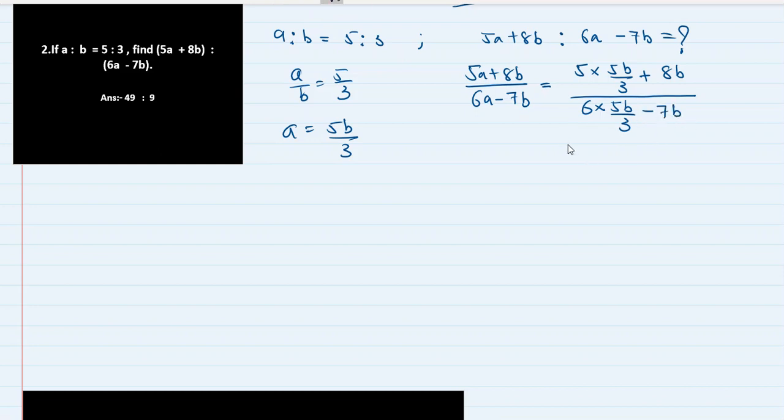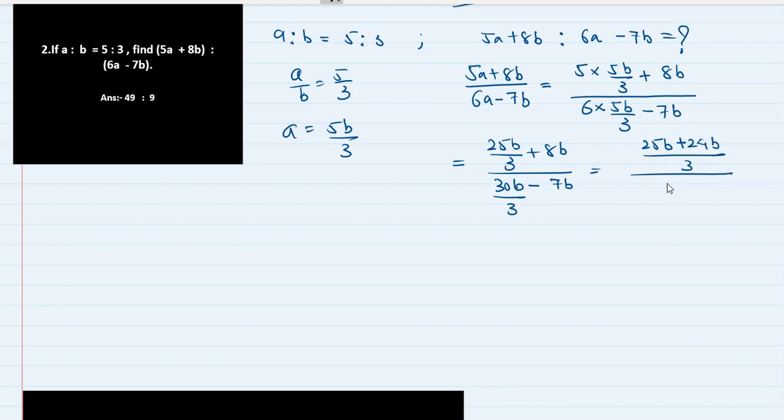Minus 7B. Okay, so this will become 25B by 3 plus 8B, the whole upon 30B by 3 minus 7B. Let's take LCM. So 25B plus 24B, the whole upon 3, and 30B minus 21B, the whole upon 3.